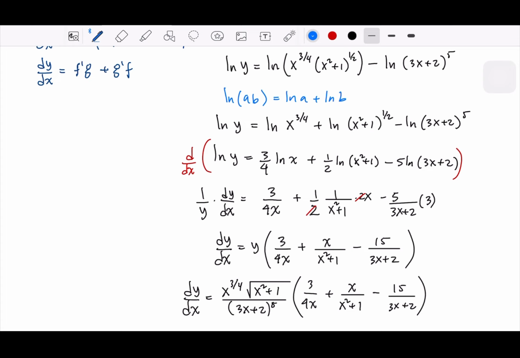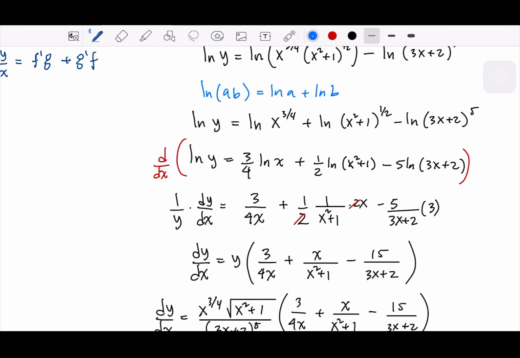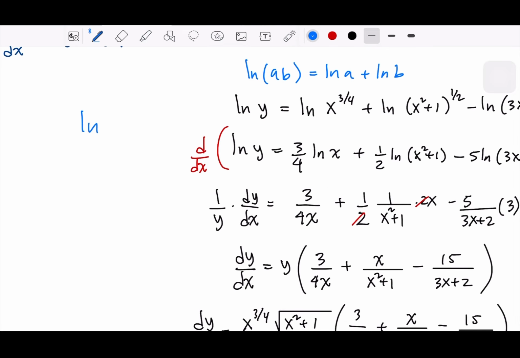Another property worth mentioning is, if you have ln a to the power b, this will be equal to b ln a.